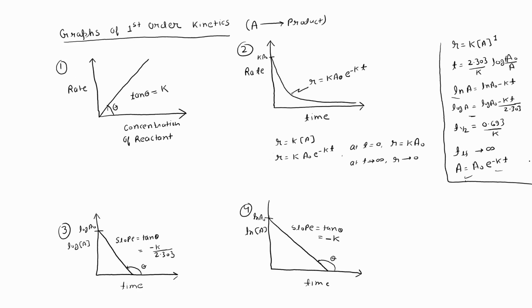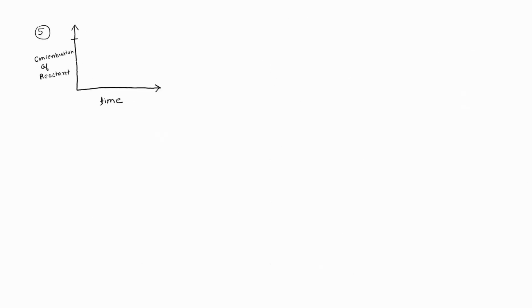For this equation, we have exponential decay, of this type, where this intercept is a naught. This graph is A equal to a naught e to the power minus kt, and it goes to 0 when time goes to infinity. So that's why we have a parallel line.